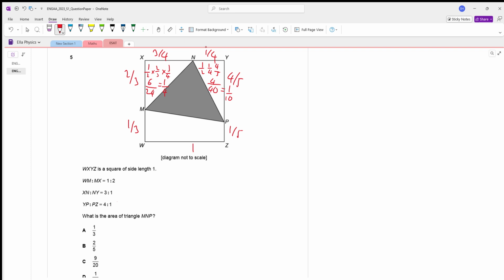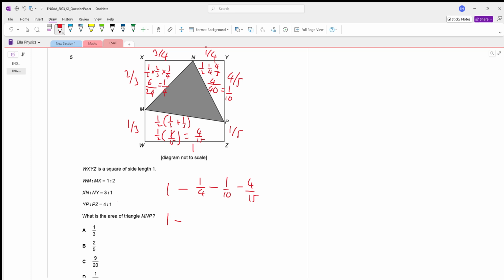We've got a trapezium, so that's a half times 1/3 plus 1/5, times 1. So that's a half, 1/3 is 5/15 plus 3/15, that's 8/15, so that equals 4/15. Okay, so the area of the square is 1. If I take away those shapes, that triangle's a quarter, take away 1/10, take away 4/15.